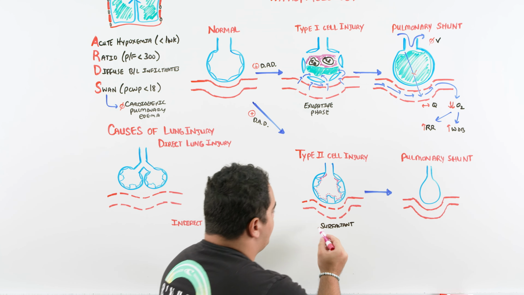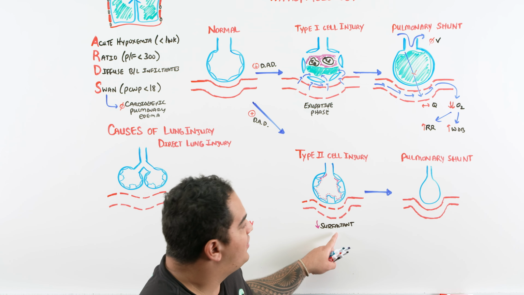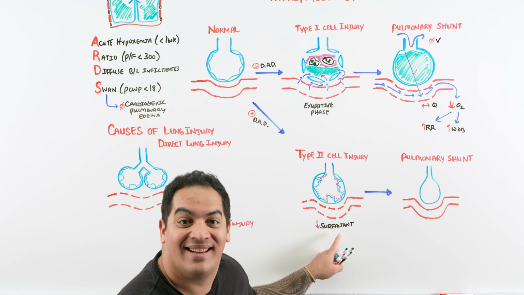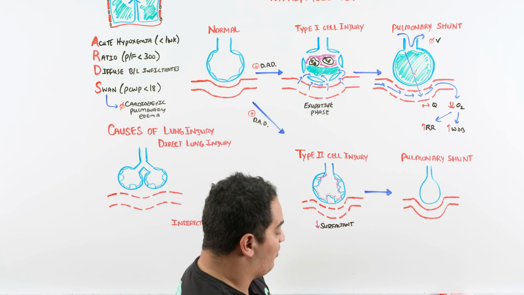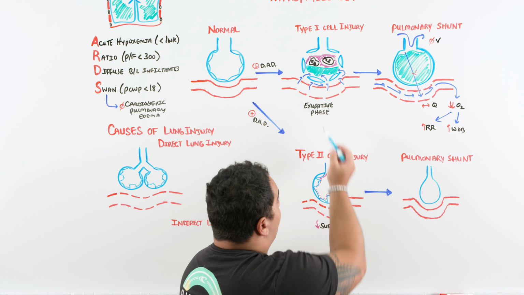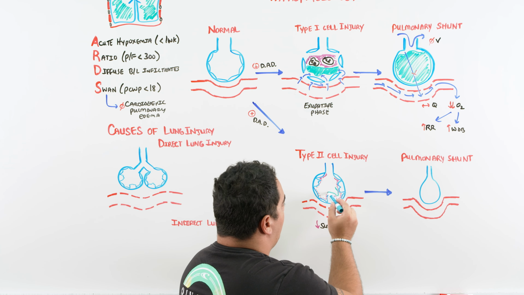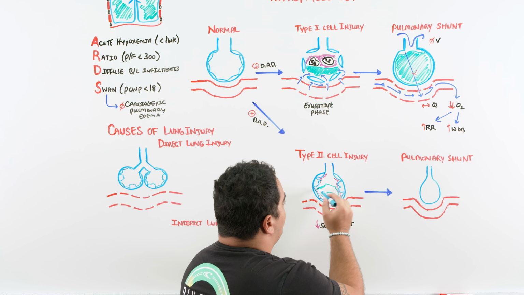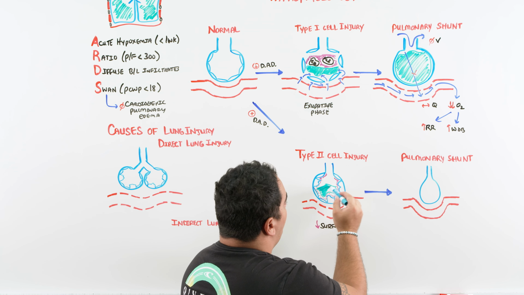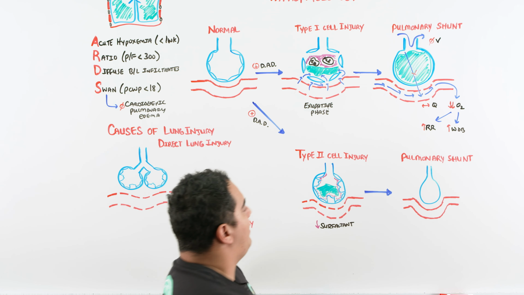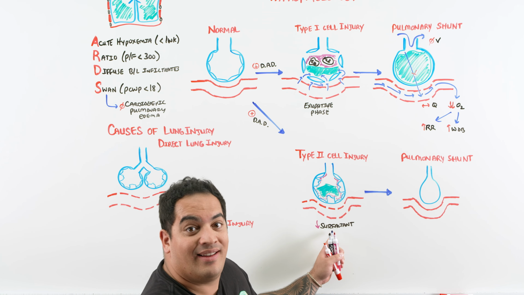And if you decrease the surfactant, you then have surface tension begin to rise. And as surface tension begins to rise, in combination, if you're having both of these cells being damaged, fluid will also begin to accumulate here. So you're going to have fluid from what we just talked about above. So now imagine having fluid here, and then on top of that, imagine having less surfactant.